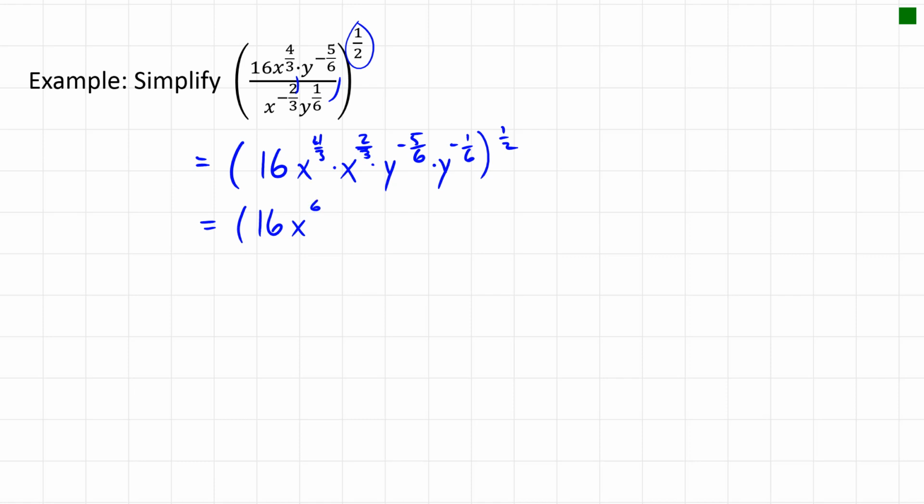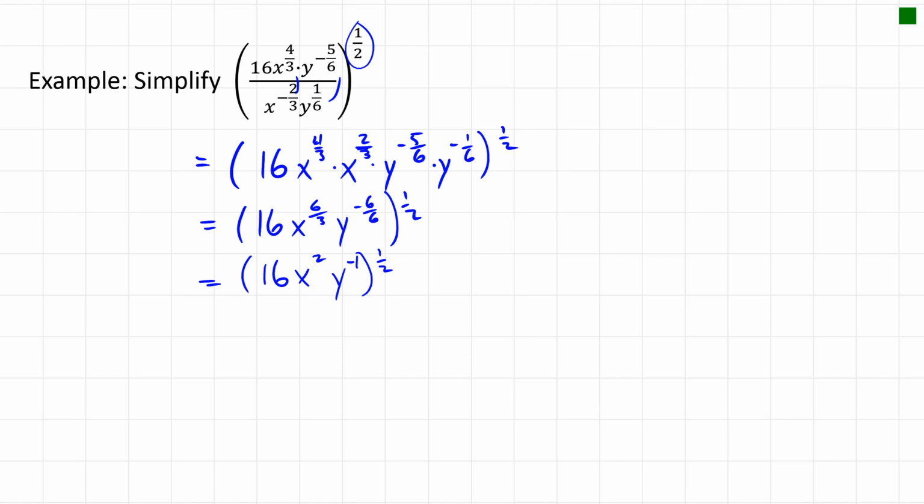I add the exponents, that's x to the 6/3, and y to the negative 5th minus the 6th, that would be y to the negative 6 over 6, to the power of 1/2. And now this is looking a lot nicer because x to the 6/3 is just x squared, and that would be y to the negative 1 all to the power of a half.